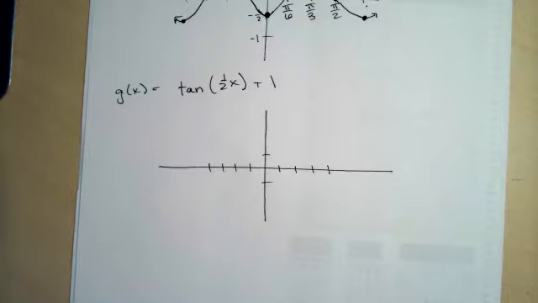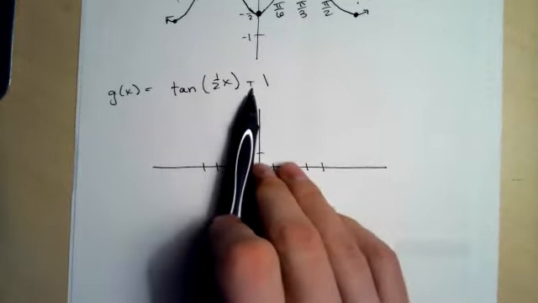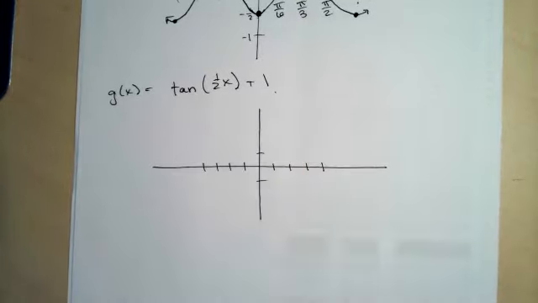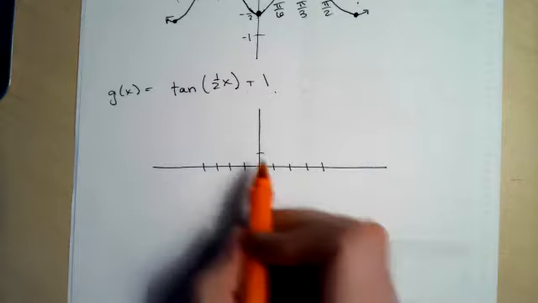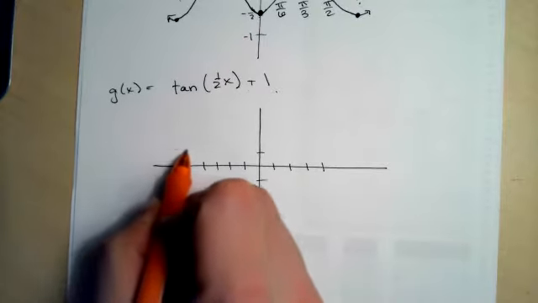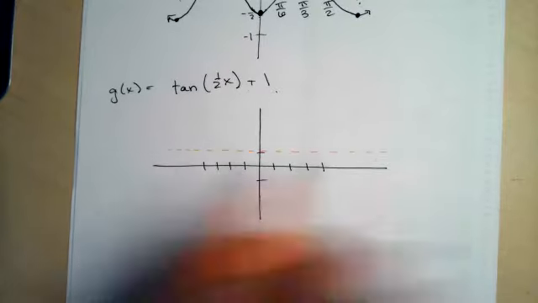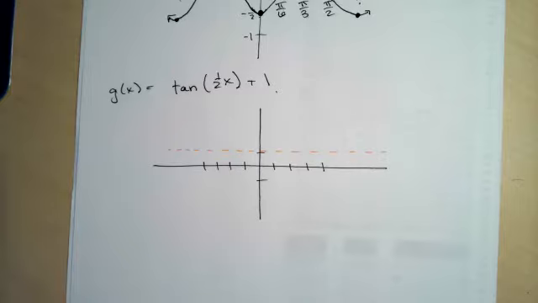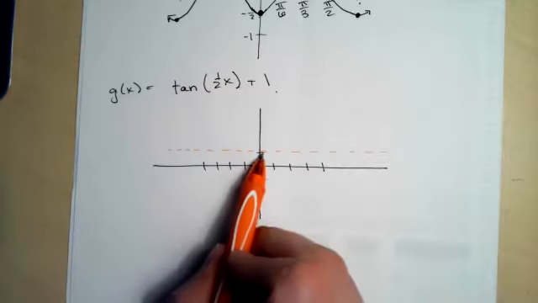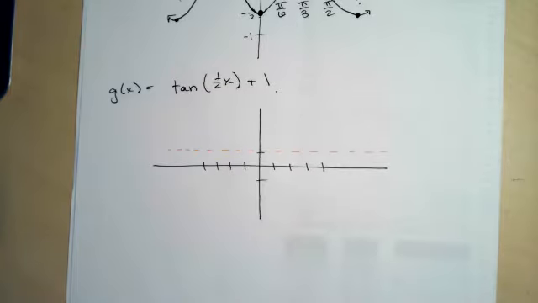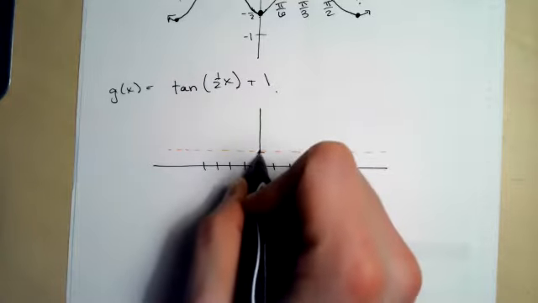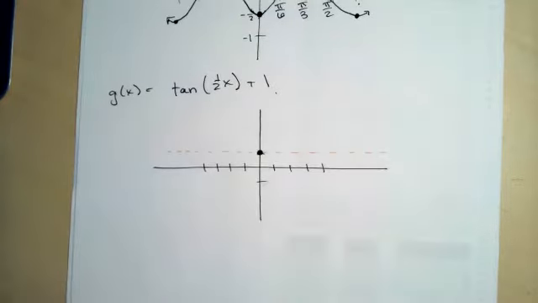And then how do we draw it? So we do have this +1 shift. What's that going to do? It's going to shift the midline up 1. So now we're essentially going to go through our drawing process relative to here. Tangent starts at the origin.